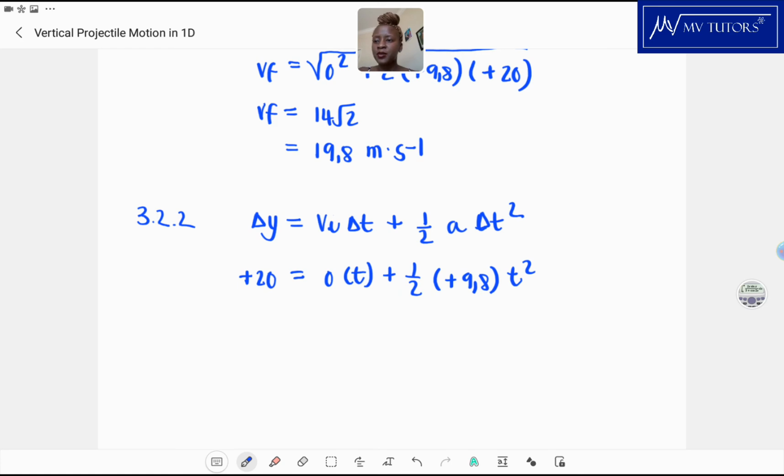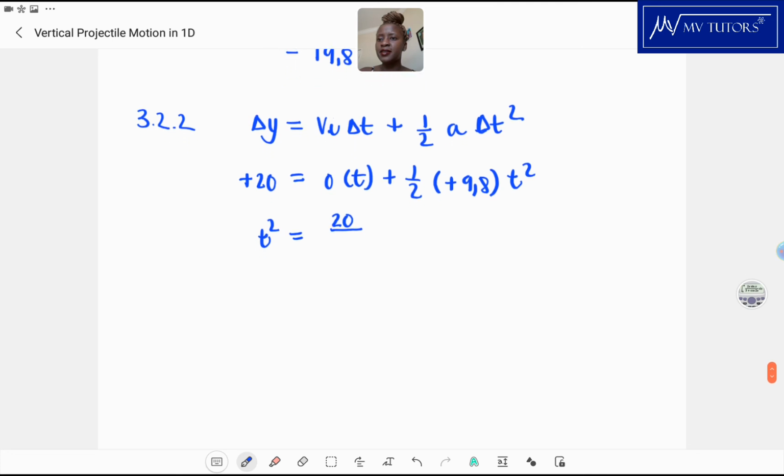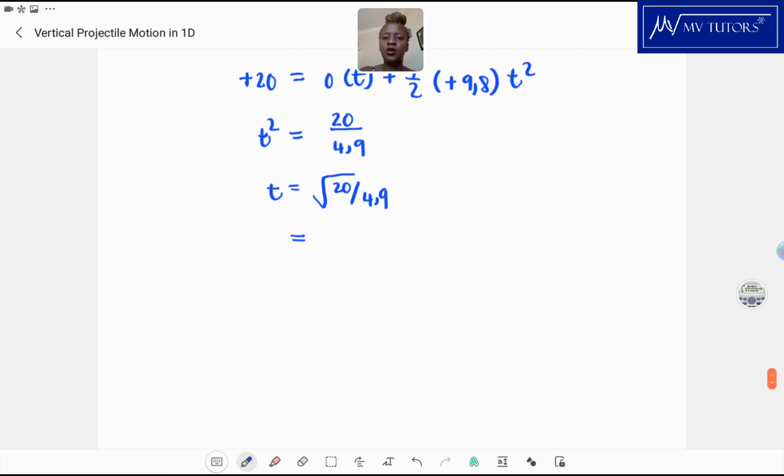So I am going to rearrange this a bit. I have t squared is equal to 20 over 9,8 divided by 2. I think that's 4,9. And then t is just the root of that. So how long did it take?